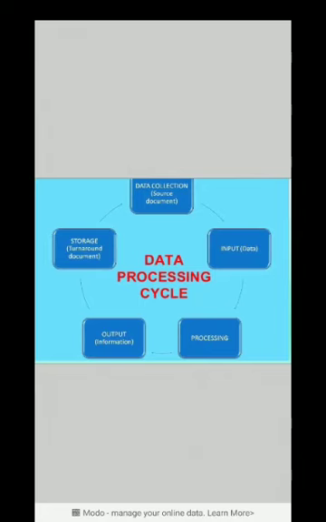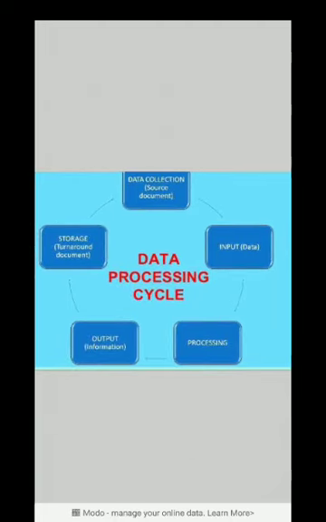It may output the data in hard form, like printers. Printers are meant to provide hard copy output. Or we may further input the similar information or data for further processing. This is how the data processing cycle goes on.